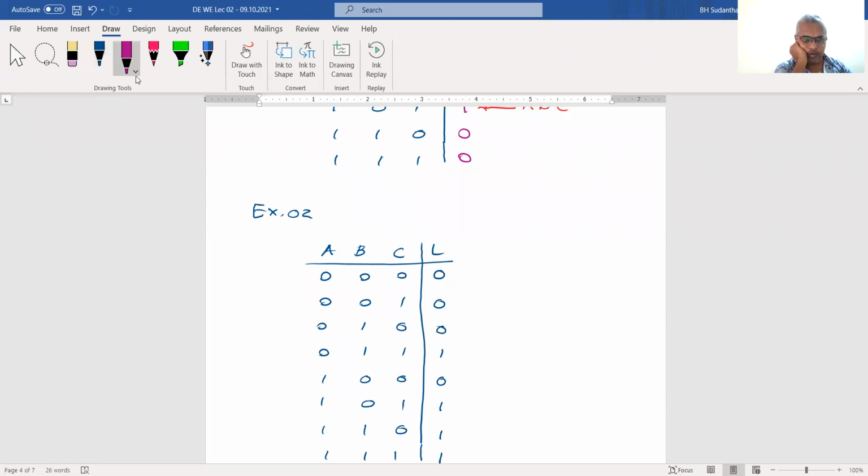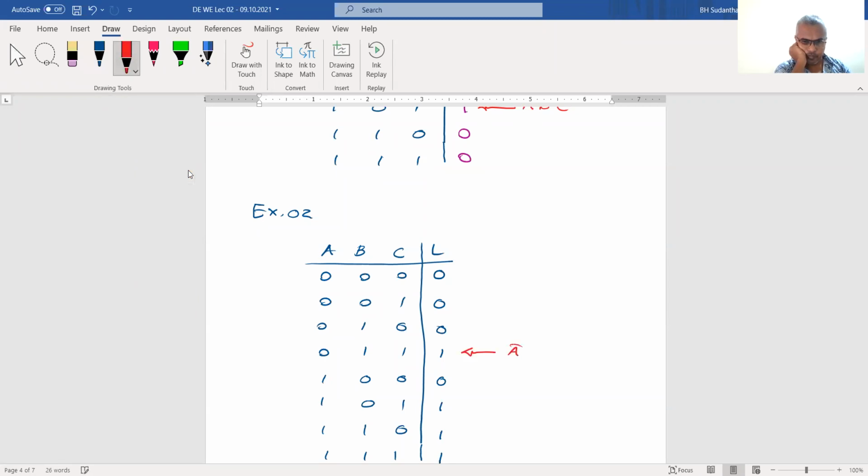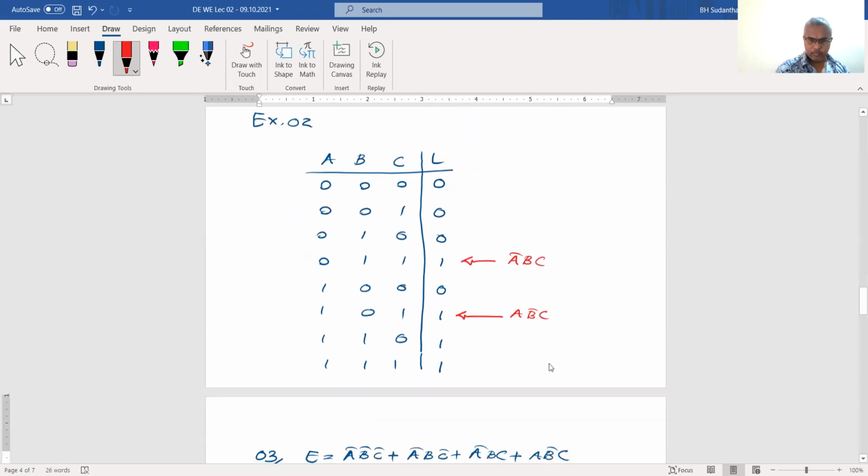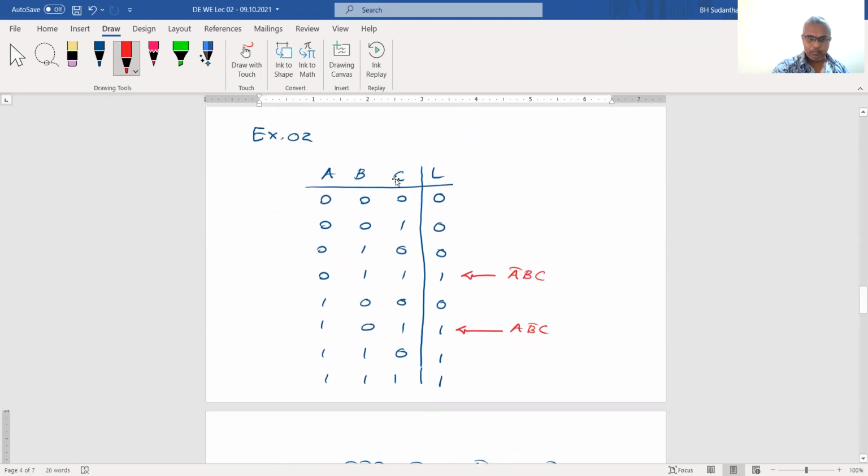Okay. Then we can convert this one into terms. This is A bar BC. This is A B bar C. Okay, sorry, we have started in the wrong place.